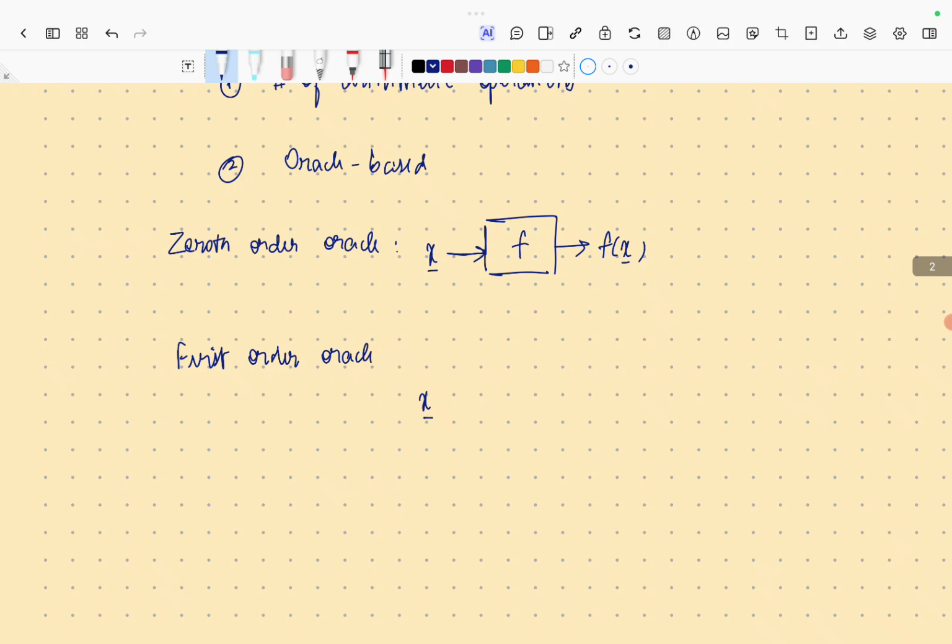I give a point x, and this black box evaluates the gradient at the point x. There could also be a second order oracle, third order oracle, and so on, depending on what I have access to.